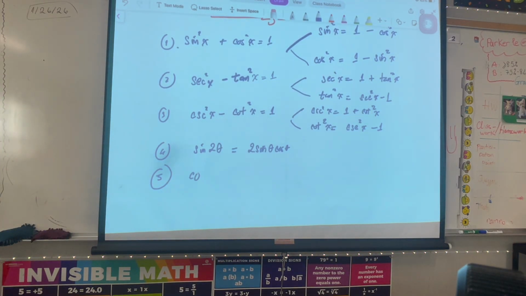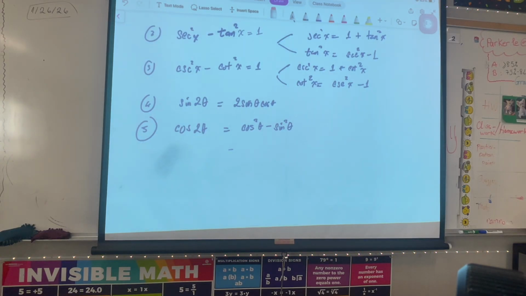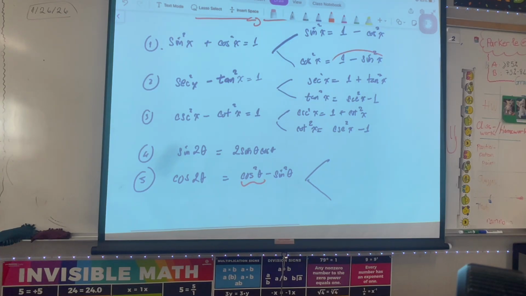How about cosine 2 theta? Cosine square minus sine square. Very good. So from here you can also get another form. Think about changing one cosine square, you can replace this, right?